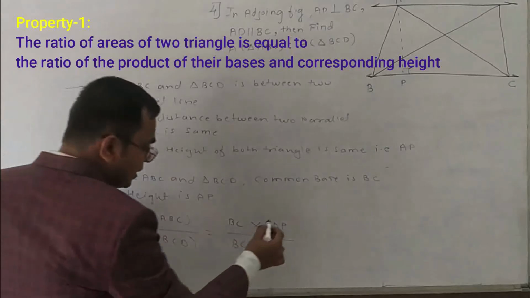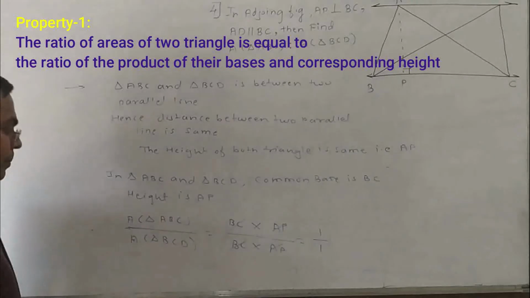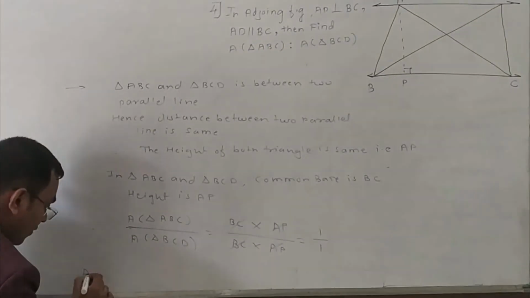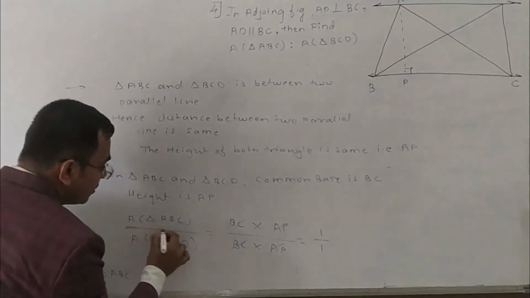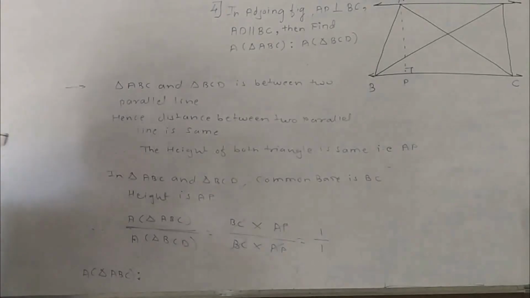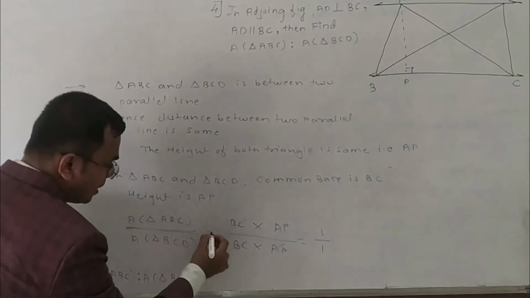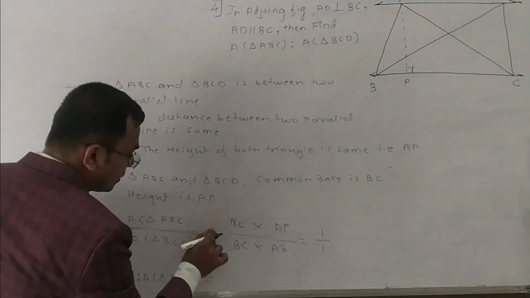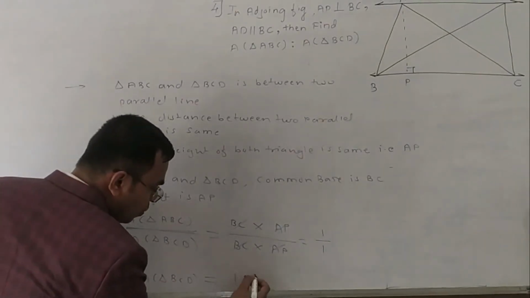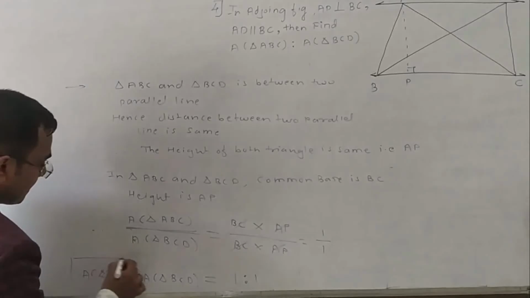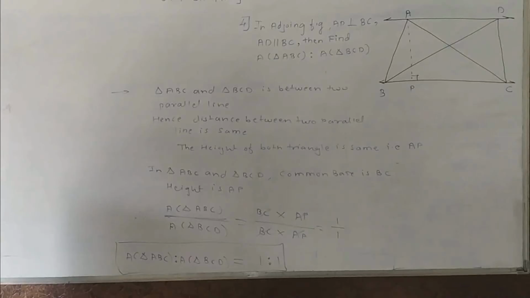So we cancel these and get 1 upon 1. Area of triangle ABC to area of triangle BCD is 1 to 1. This is our answer.